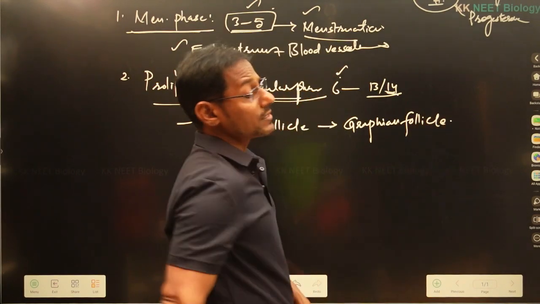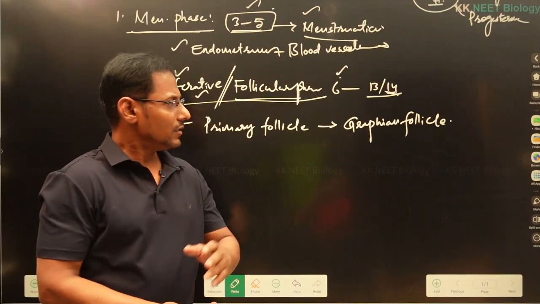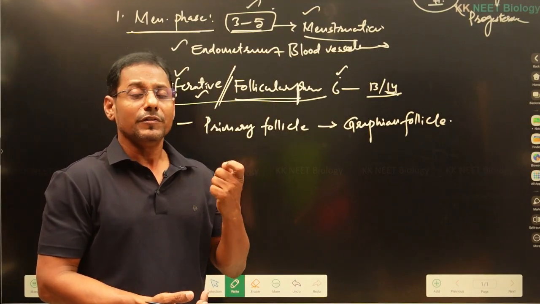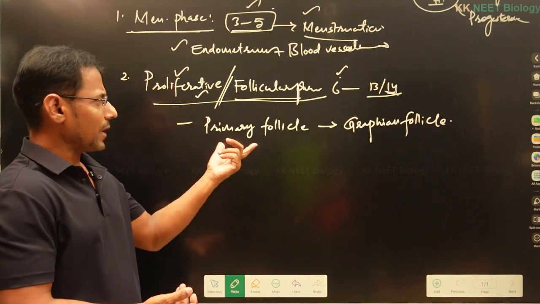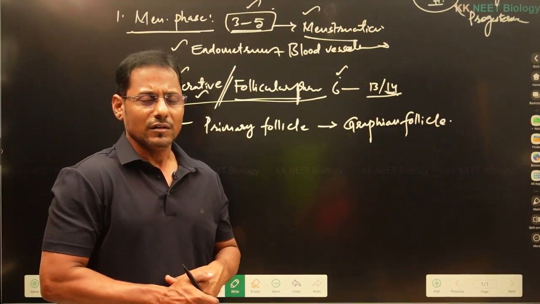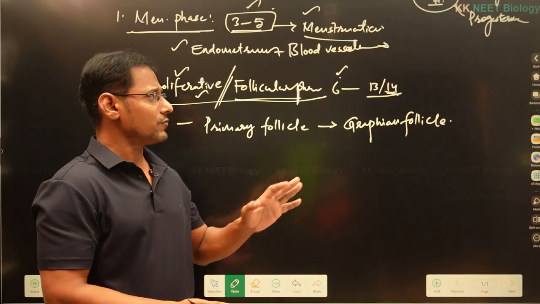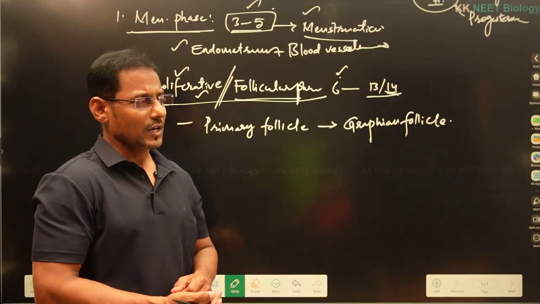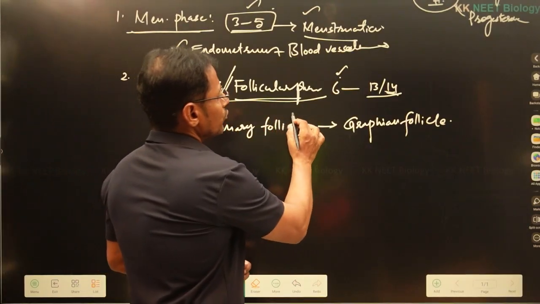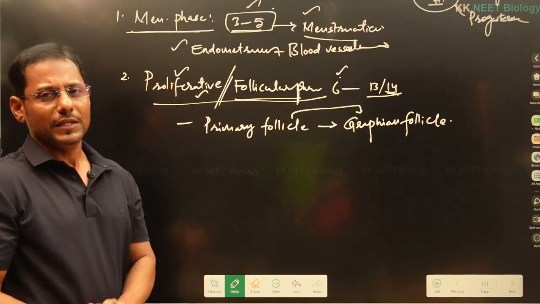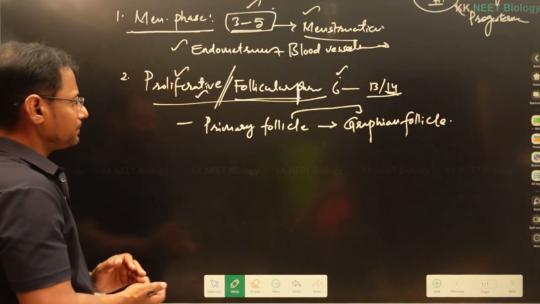We already discussed in the last sessions, when we were dealing with the female reproductive system, what the primary, secondary, tertiary and Graafian follicles are. So this primary follicle is going to transform into the Graafian follicle in this particular period, right?